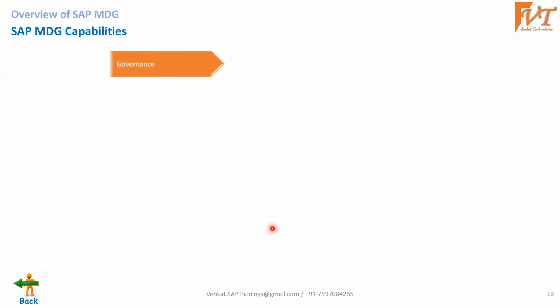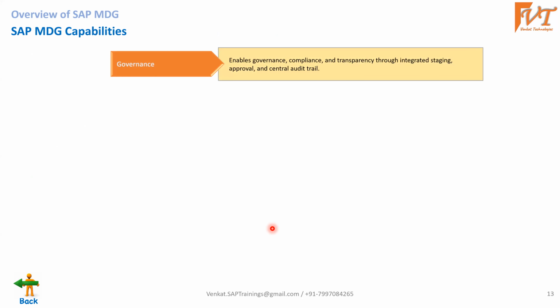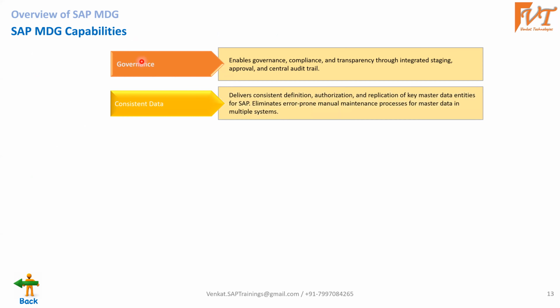And now these are the various capabilities at high level. Governance. So the data can be centrally governed using MDG. And the consistent data. So consistency mainly occurs when we have various systems in our landscape.